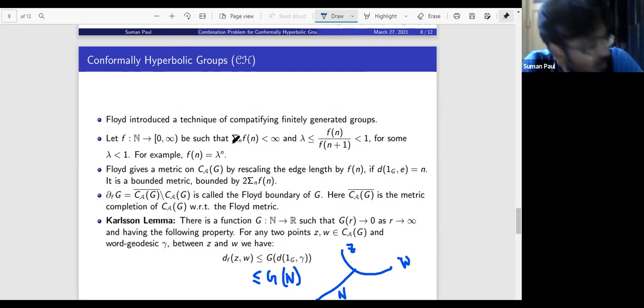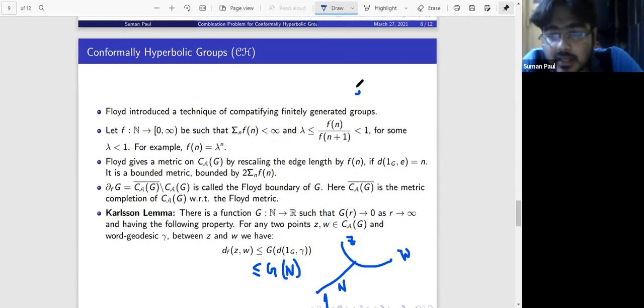I think you can take G of n to be some constant times the sum of f of n for n greater than or equal to n.